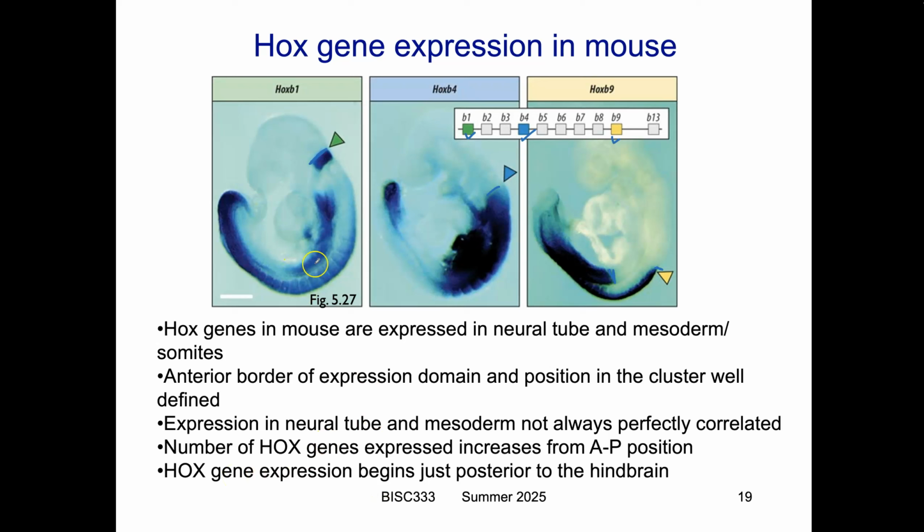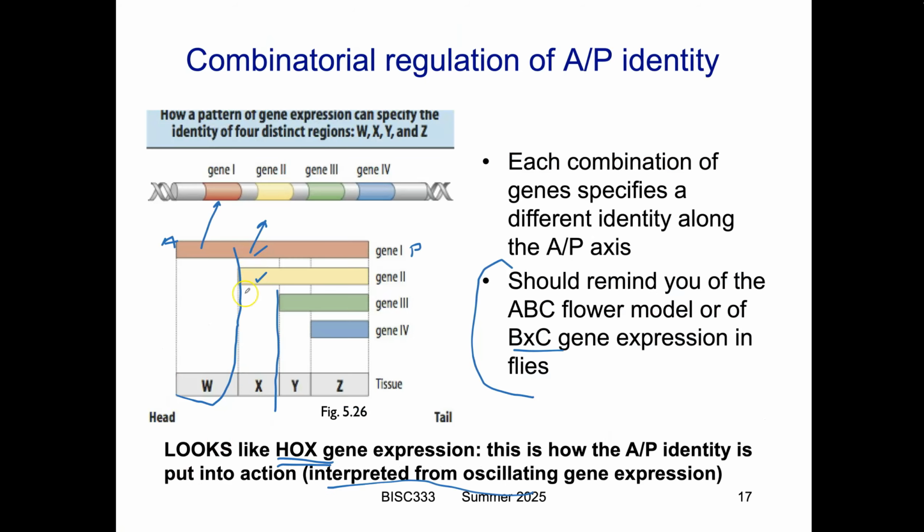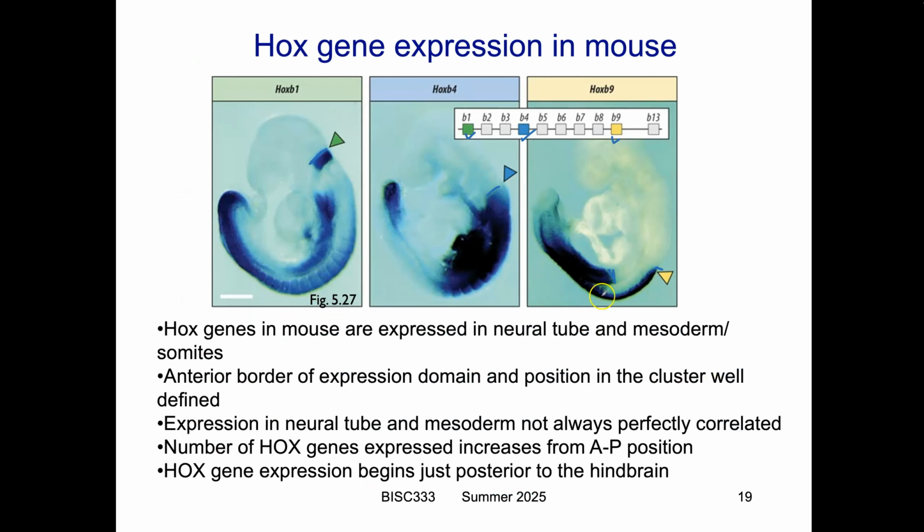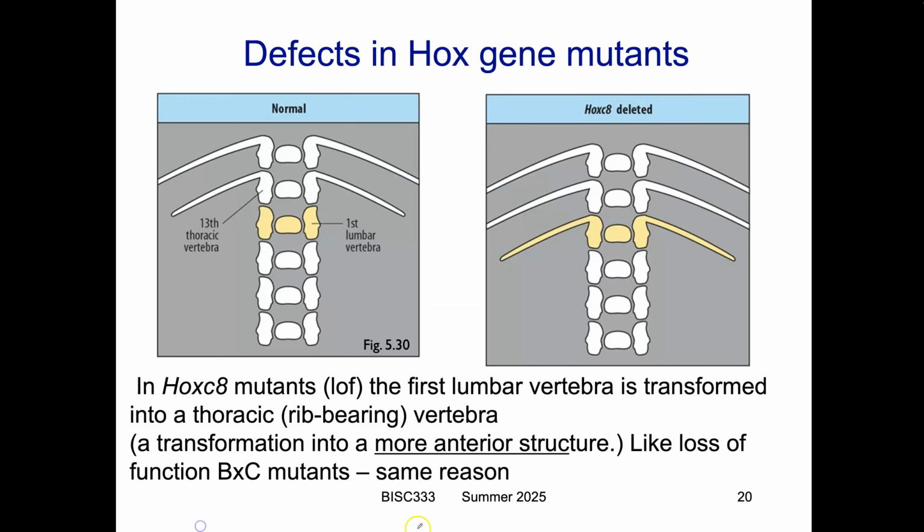Think about this in connection with this idea, because the most anterior ones are expressed further ahead, but then if you look at the embryos, there are regions where more and more of these genes are being expressed further posterior. And so that's why this general diagram is a good introduction to the overall picture. Yeah, I think that's everything.